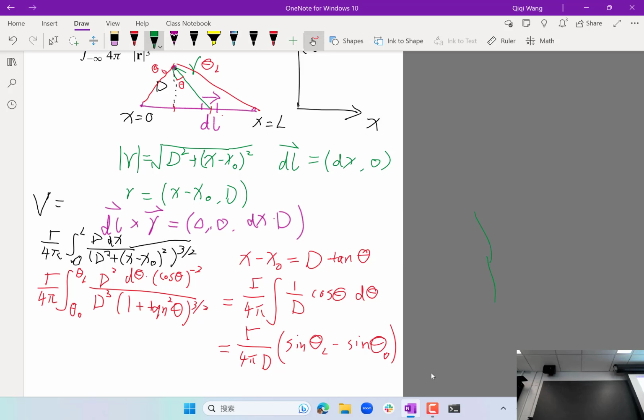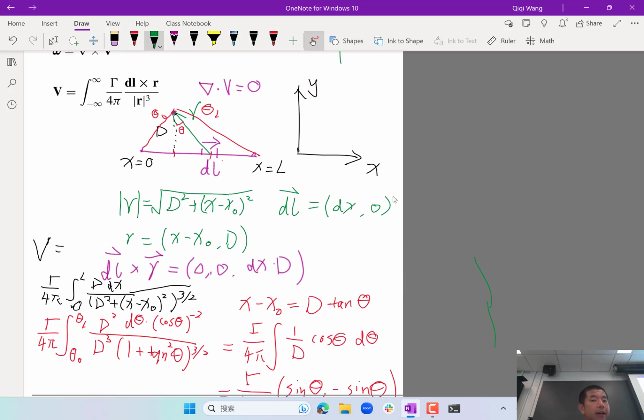For that scenario, this parenthesis evaluates to 1, so that's gamma over 4 pi d. And the velocity goes inversely proportional to d. That's always the case.